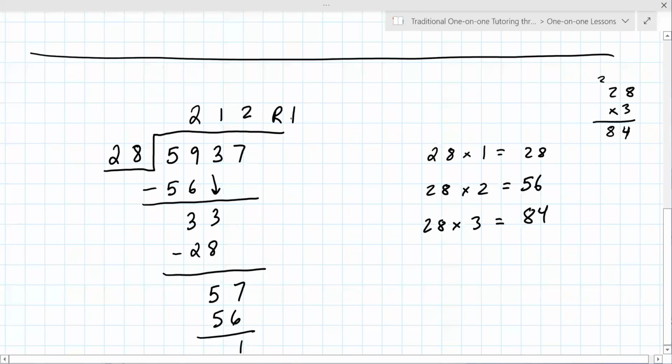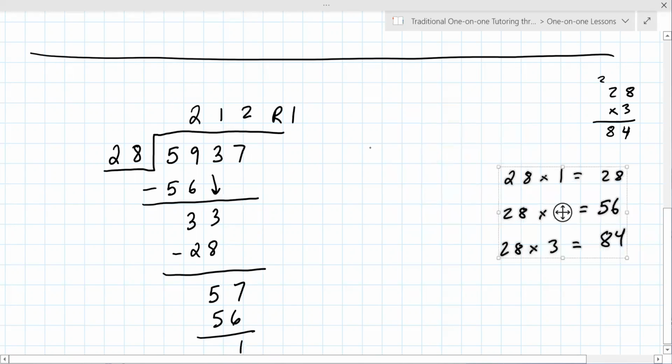Okay, so now you get the job of checking this. You're going to take 212 and multiply it by 28.